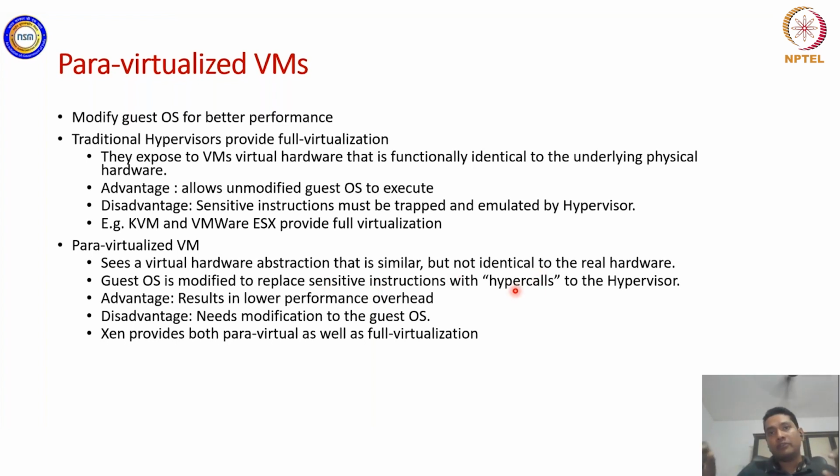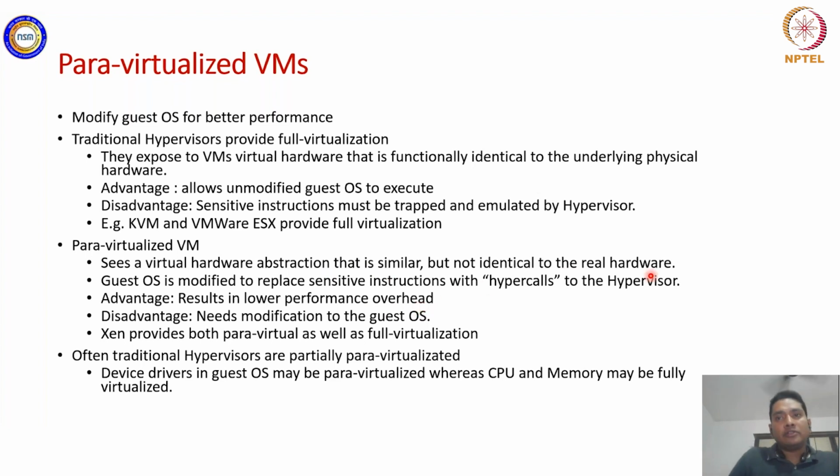So the hypercall interface that we have seen will now come into the picture for these para-virtualized virtual machines. And providers like Xen provide both para-virtual as well as full virtual machines for the users.